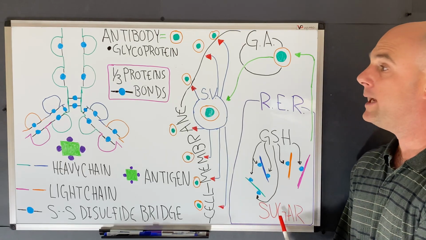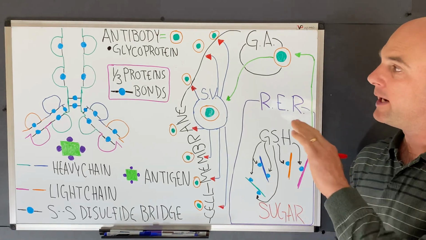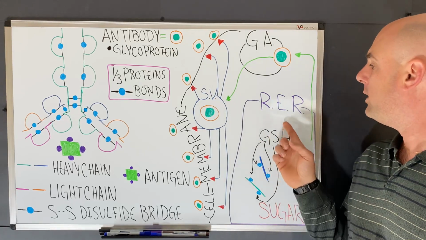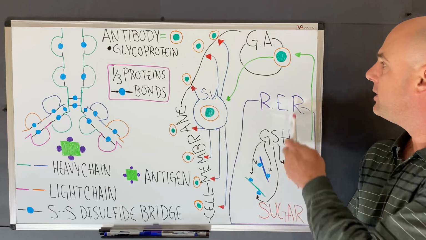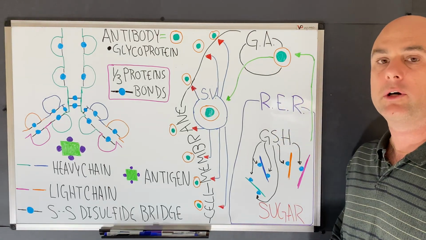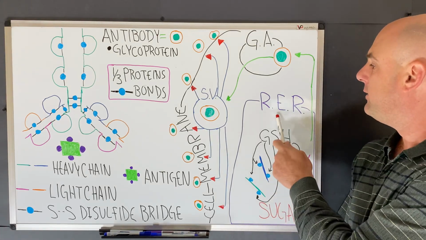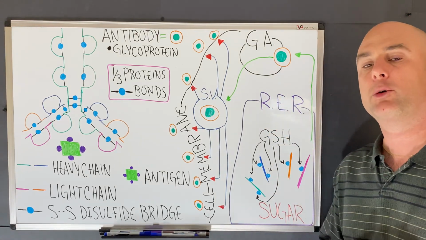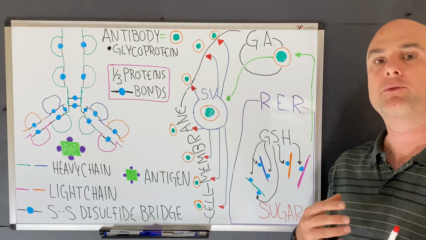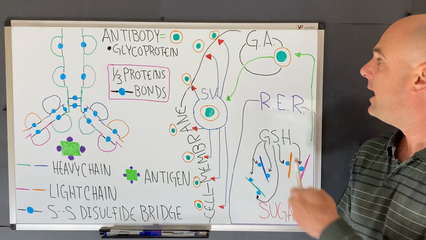This is also where we add the sugar to the antibody that I do not have illustrated on the final structure. And then once that happens, it leaves the rough endoplasmic reticulum and goes to what's called a Golgi apparatus. Now, the Golgi apparatus and the rough endoplasmic reticulum, again, are just compartments in the cell that help with processing.